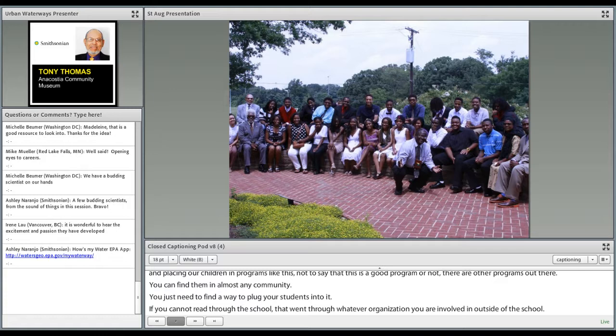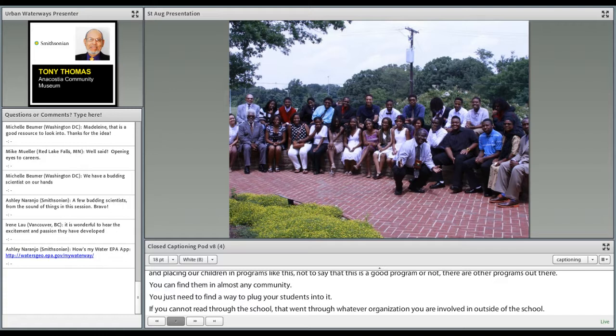And if it's no more than the backyard of the school or the house of worship or the organization, the park, use it. And you can build a curriculum around this. And to tell you the truth, if you look hard enough, you won't have to build a curriculum. There are plenty of curriculums out here. NOAA has curriculums. Chesapeake Bay Foundation has curriculums.